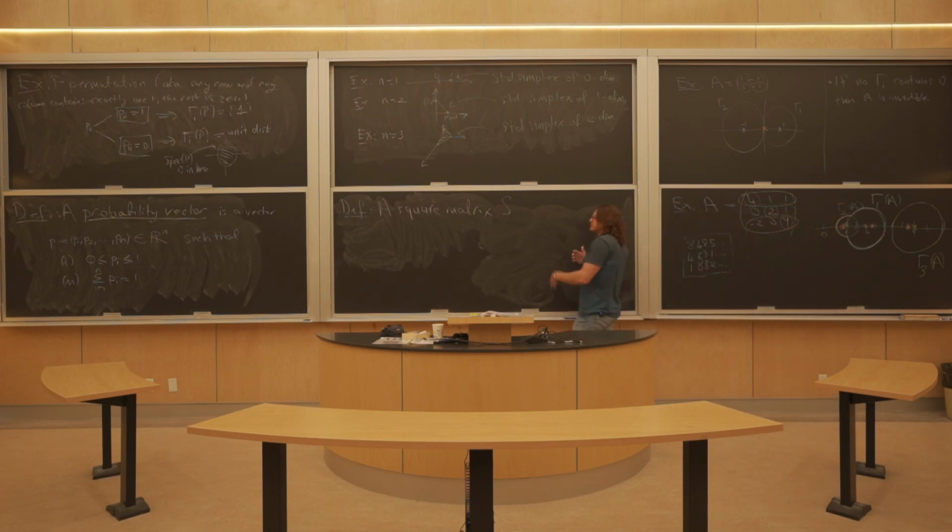There's nothing random about it really, but it models something random. S is column stochastic if each of its columns is a probability vector.